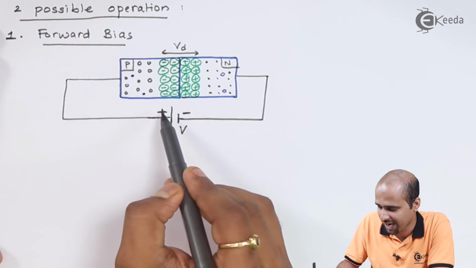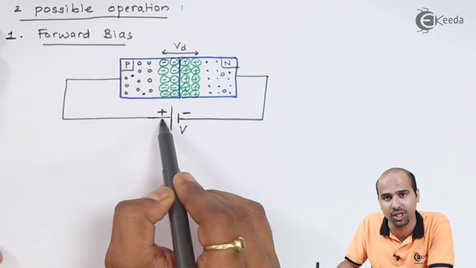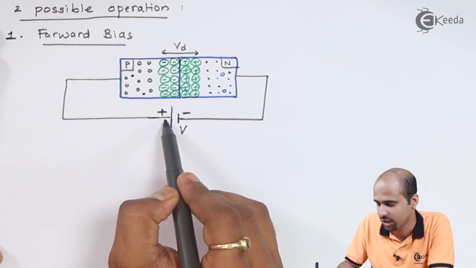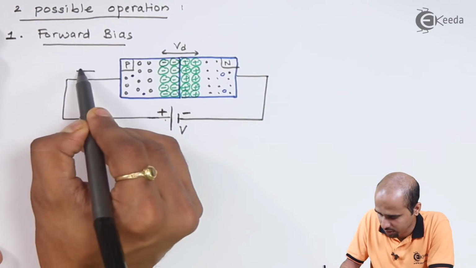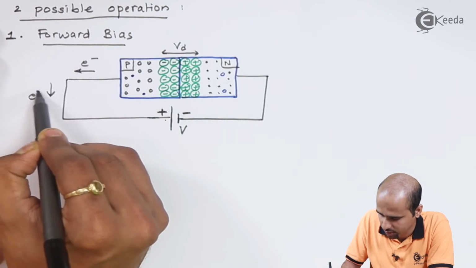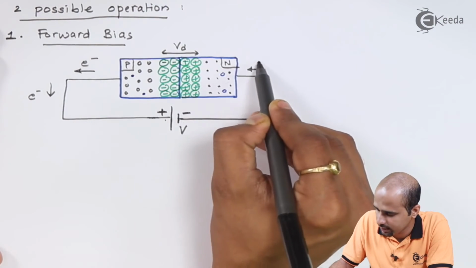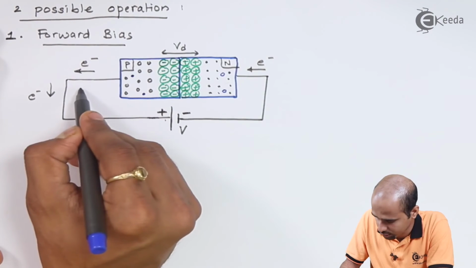So if electrons are moving here, they get attracted towards the positive terminal of the battery, so current will flow. Electrons will move in this particular direction and the holes will move in this particular direction.